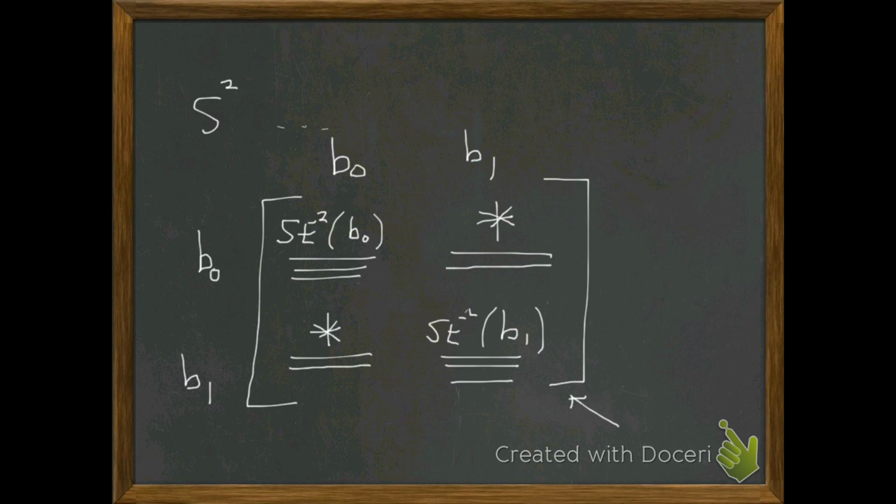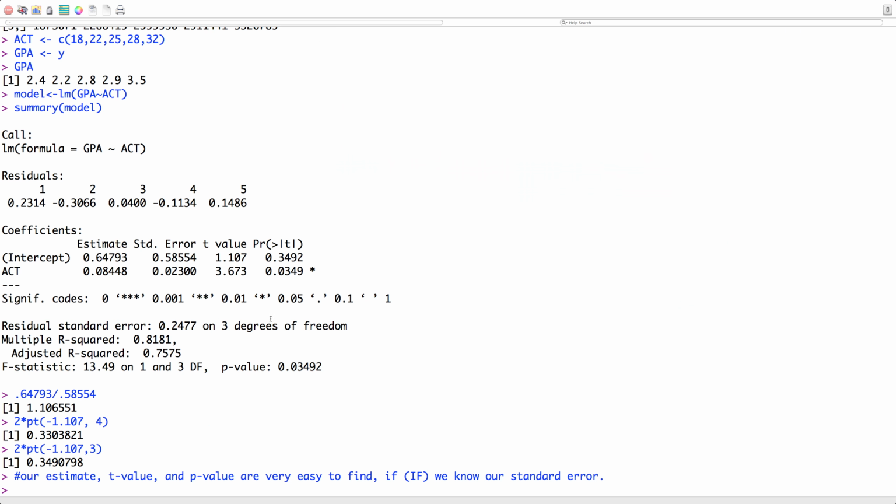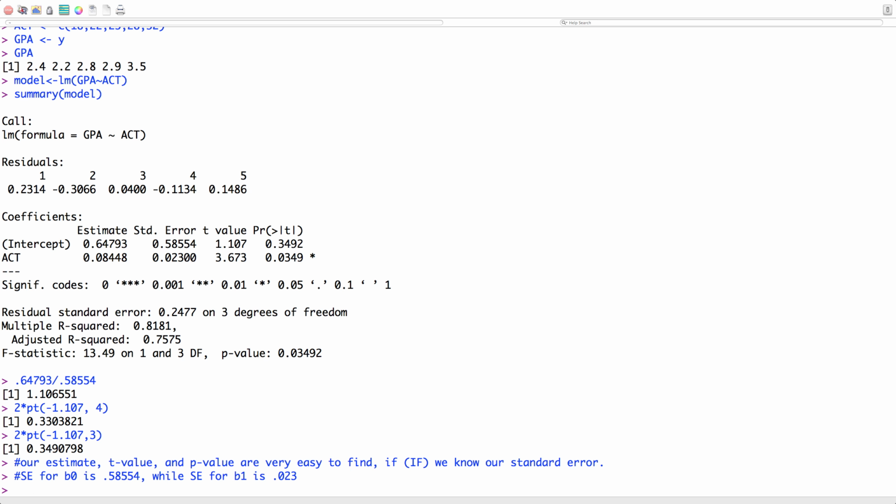Okay, so let's go do that. From before, we know the standard error for B0 is 0.58554, while the standard error for B1 is 0.023. So using what we talked about there, we need the mean square error.